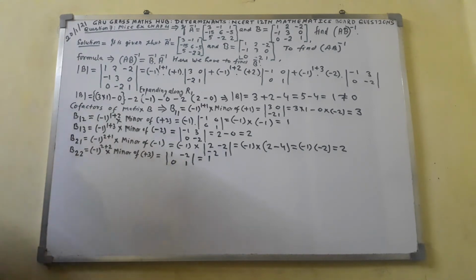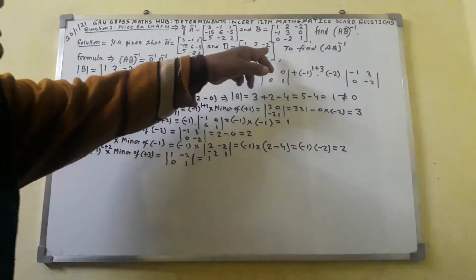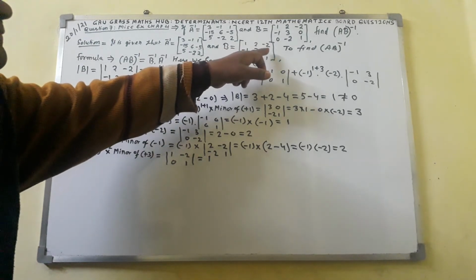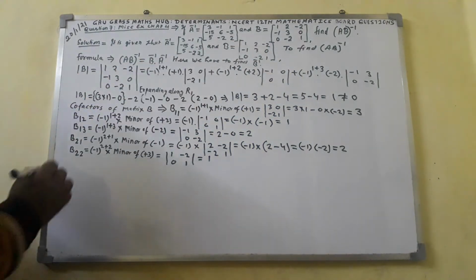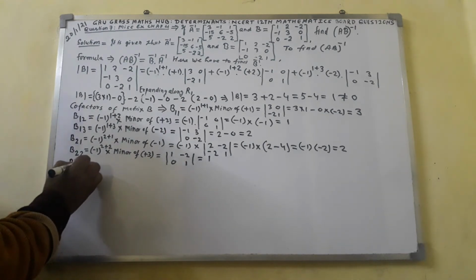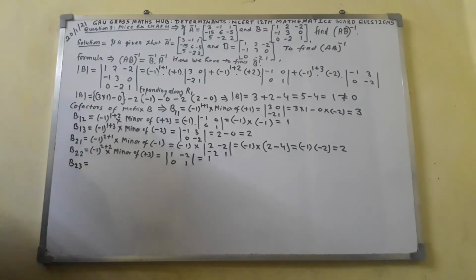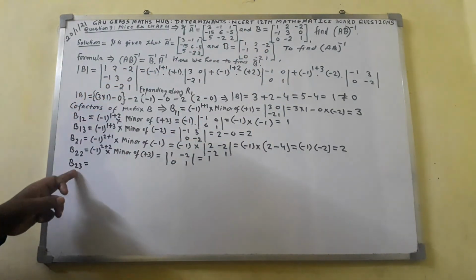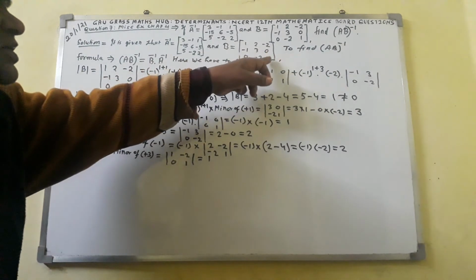Now next element I shall take 0. Since this 0 is there in the second row and third column, so here write B input second row third column. This 0 is there in second row. For second row I have written it 2 and this 0 is there in third column.